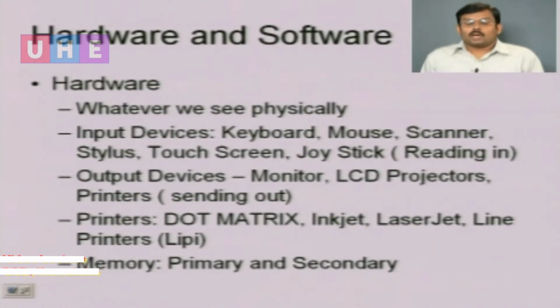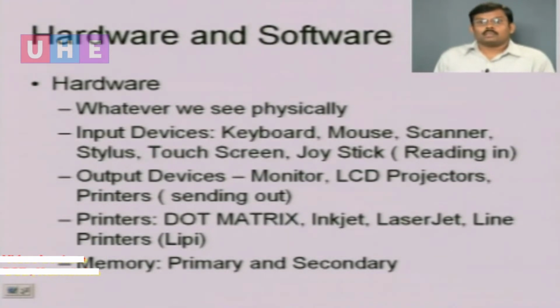The hardware part of a computer is something you can actually see, touch and feel. A monitor is a hardware, a keyboard is a hardware, a mouse is a hardware. Input devices are hardware, output devices are hardware. Keyboard, mouse, scanner are input devices, and monitor, LCD projectors and printers are output devices.